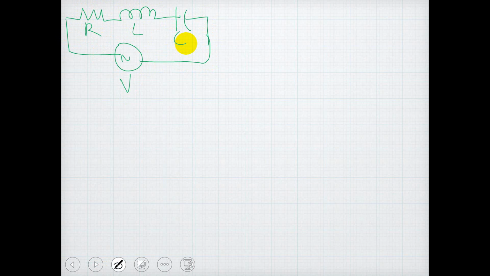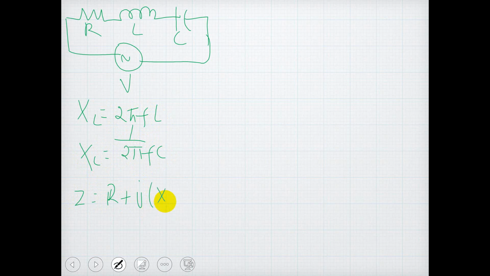We know XL is equal to 2 pi FL. When you write the impedance, XC is equal to 1 by 2 pi FC. So Z will be Z is equal to R plus j (XL minus XC).